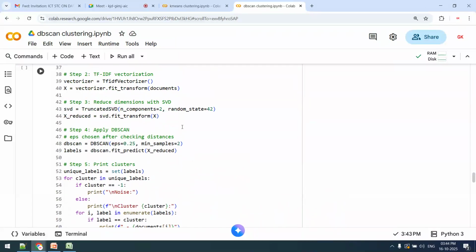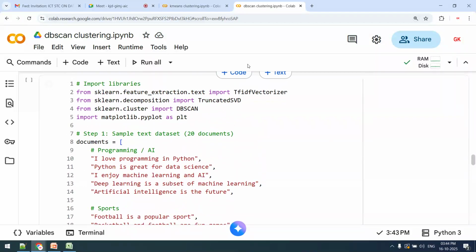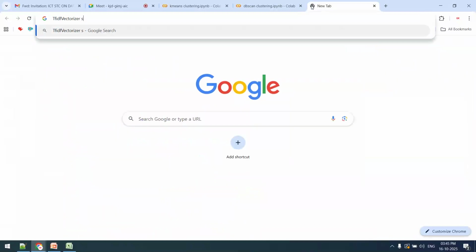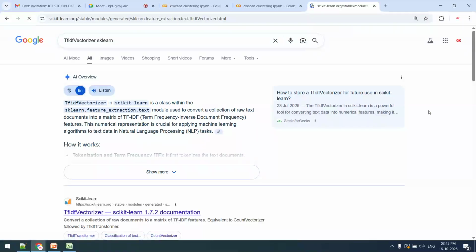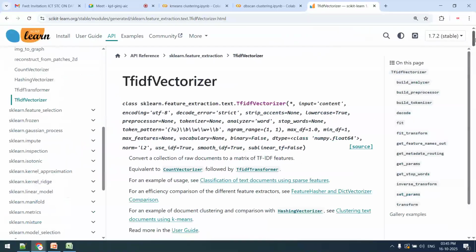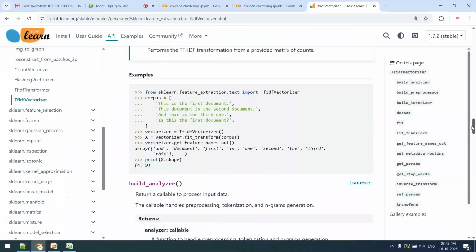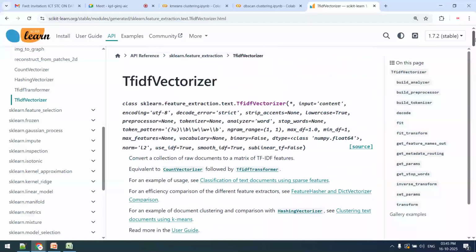The additional approach we have integrated here is TF-IDF vectorizer from sklearn. You can explore it. It is used for vector databases. If you want to work on training of documents or sentences, you can go for it.